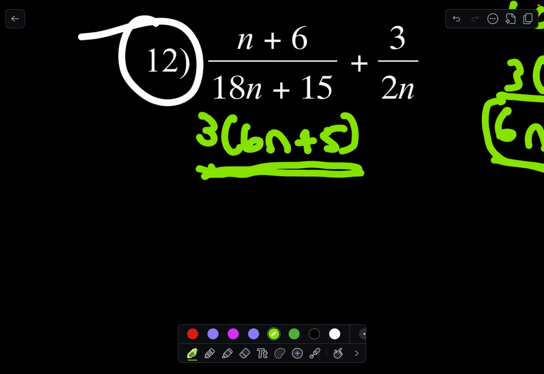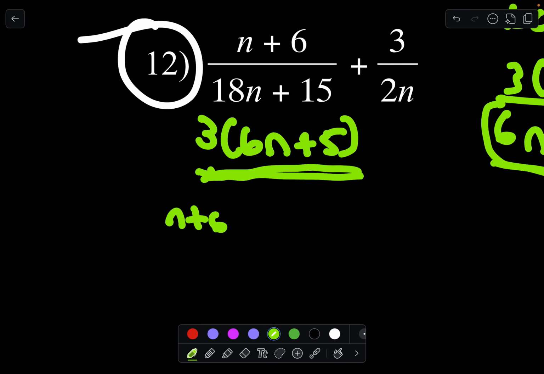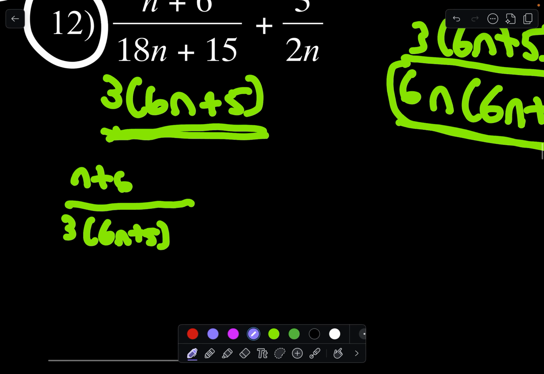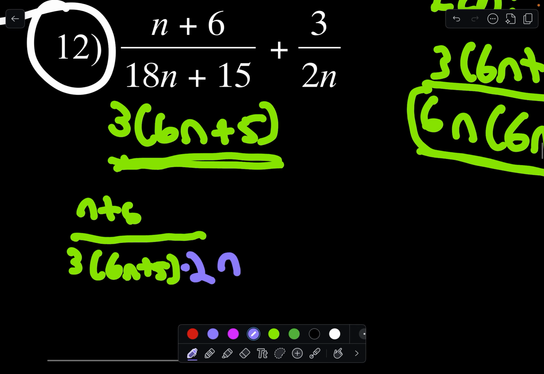So now we have n plus 6 over the original 3 times 6n plus 5. We are adding a 2n here, so we get the 2n. And since that's not part of the original denominator, we have to do it to the top.